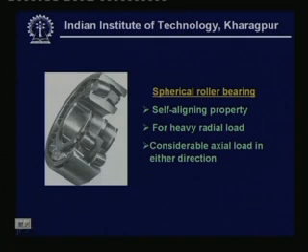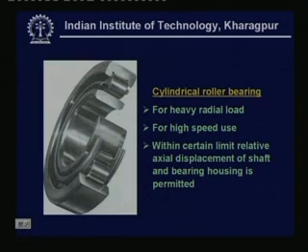The next one is a cylindrical roller bearing. Earlier we have seen the rollers were tapered in nature, and these rollers are basically cylindrical in nature. So, these are used for heavy radial load, for high speed use, and within certain limit relative axial displacement of shaft and bearing housing is also permitted in this particular type of roller bearings.